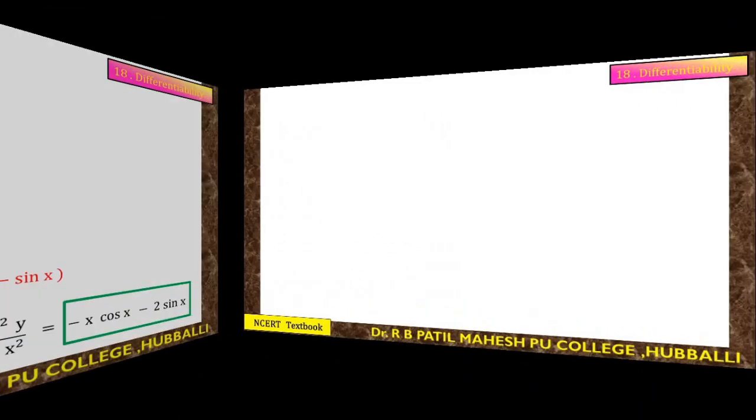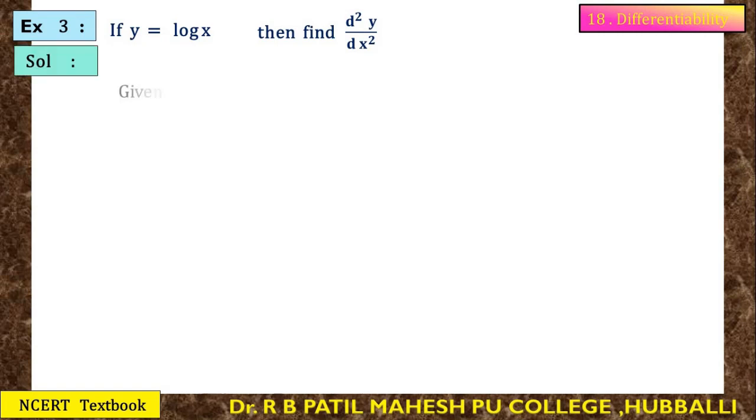Now see the next example. If y is equal to log x, then find d square y by dx square. First you write the given function y is equal to log x. So it is a single function.